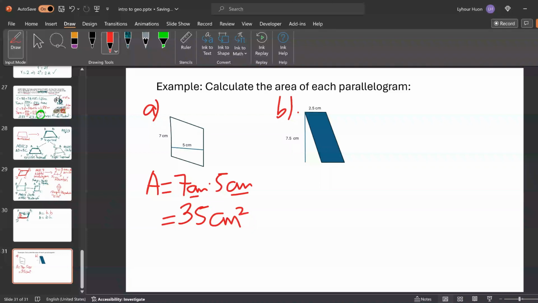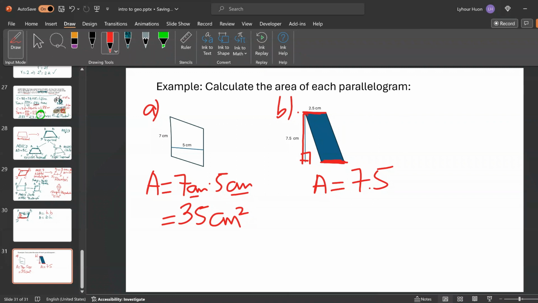Next, for the area of B, when we use this height of 7.5, the base should be here, which is 2.5. In a parallelogram, opposite sides are equal, correct?